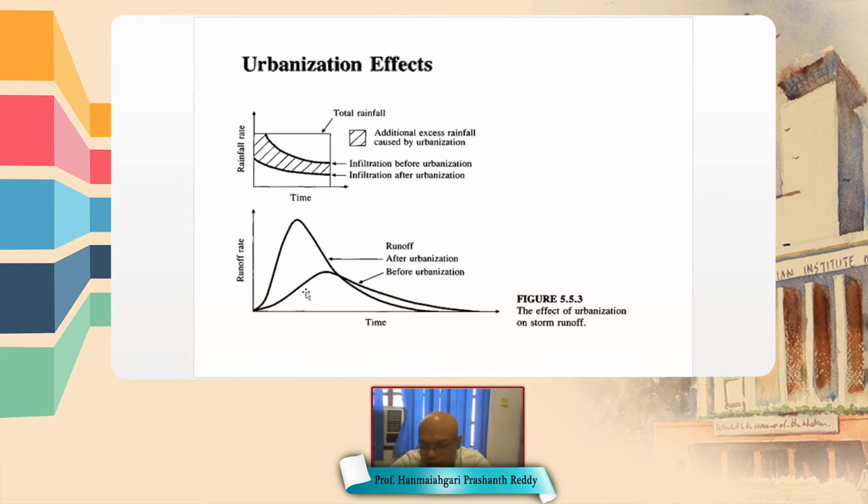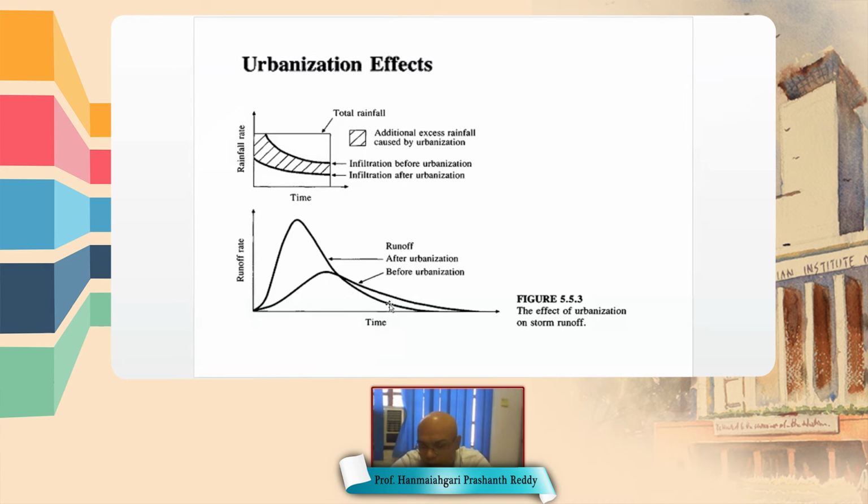You can see that before urbanization, the hydrograph is flat, slowly attaining its peak. But with urbanization, the peak is attained very quickly, and the peak value is very high.